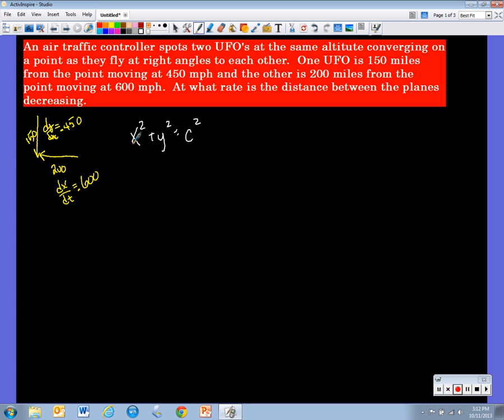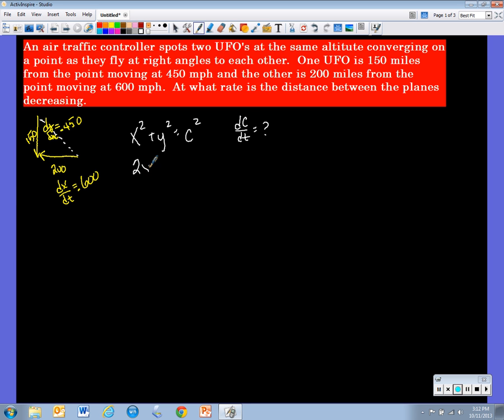I know that what this problem is asking me is the rate the distance between the planes is decreasing. So that would be like this line here that you don't really see. That's the distance between them, and so that's my c. So really this question is asking me to find dc/dt. That's the big question. To get that, I need to take a derivative.